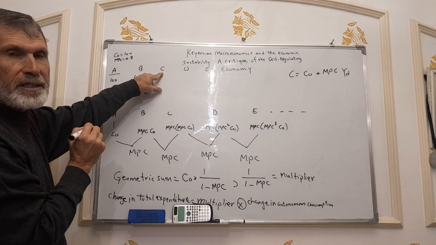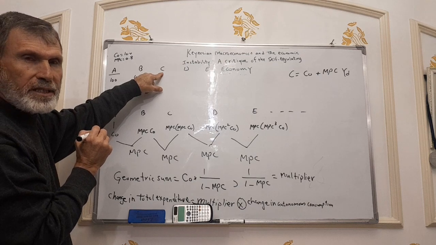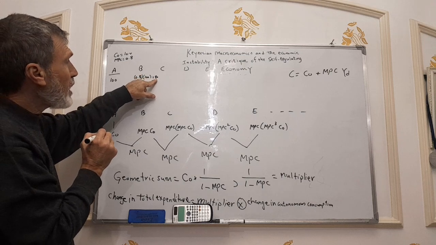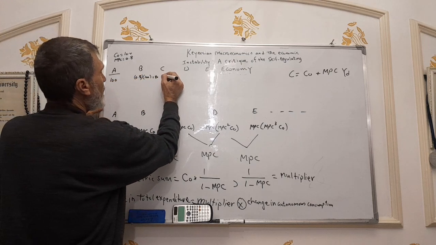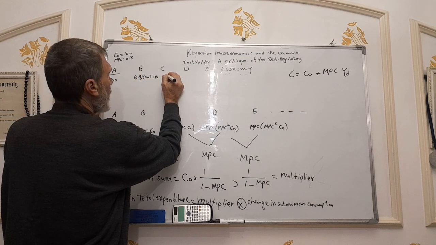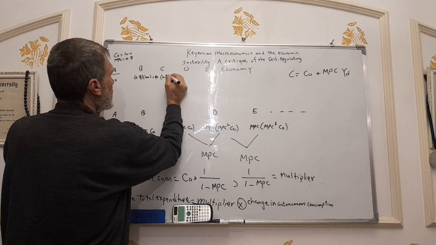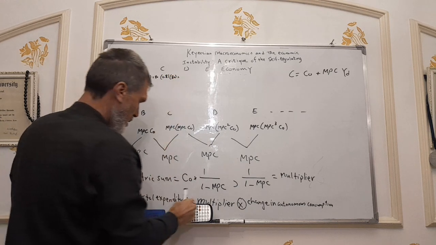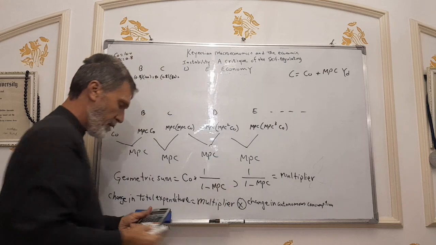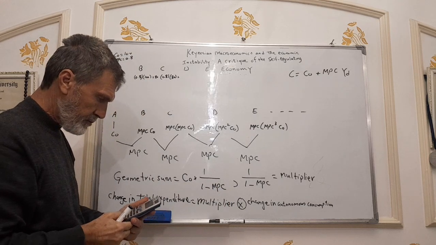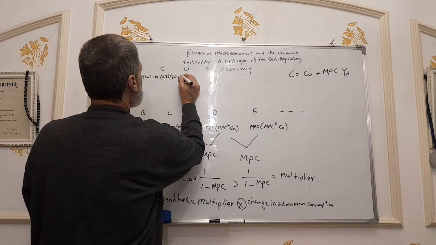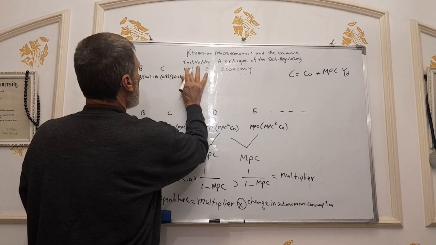Now $80 becomes an income here. C will spend a portion of it, depending on the MPC, which is 0.8. So now C will spend 0.8 times 80, which is equal to 64, okay?